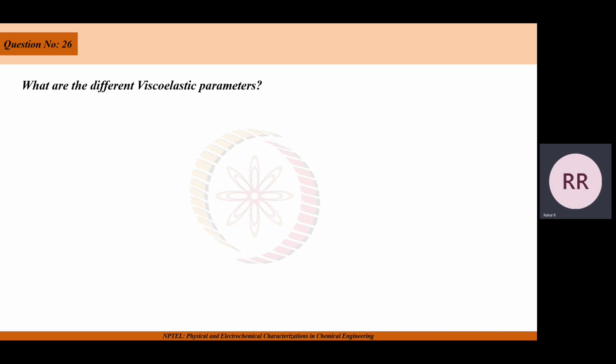That is, what are the different viscoelastic parameters? Viscoelastic materials are basically materials that show both elasticity and viscosity, so it's a combination of both. So what are those parameters?